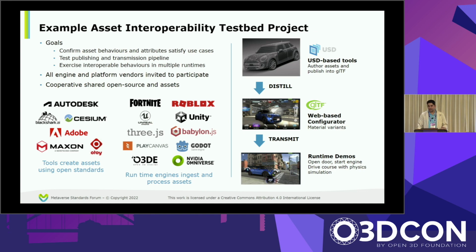So the asset interoperability testbed is essentially to confirm behaviors and attributes are satisfied. I mentioned how different industries can bring their different requirements. That's what is going to be happening in this working group, where those requirements come in, and we run experiments for how the standards should interoperate between each other.